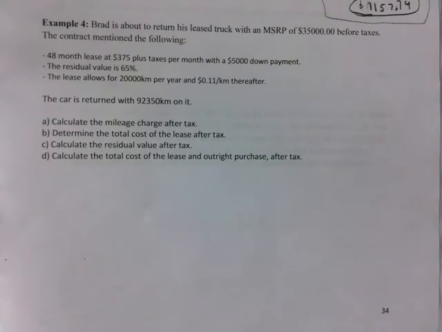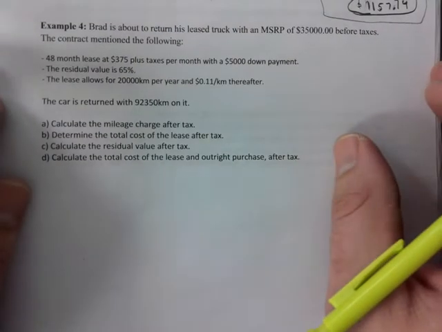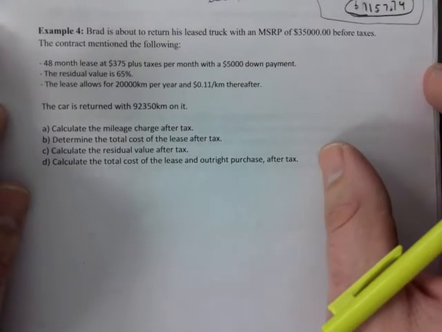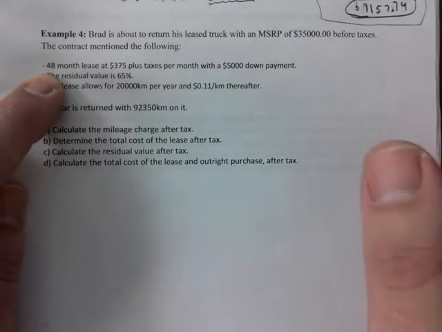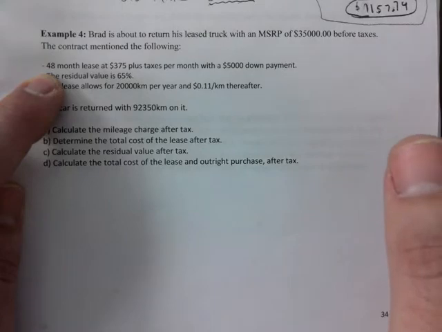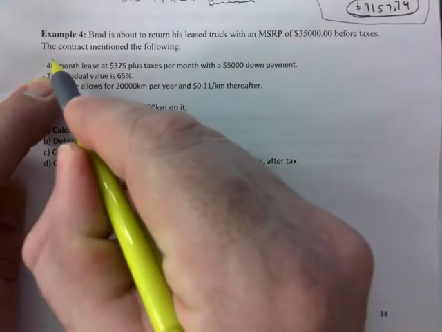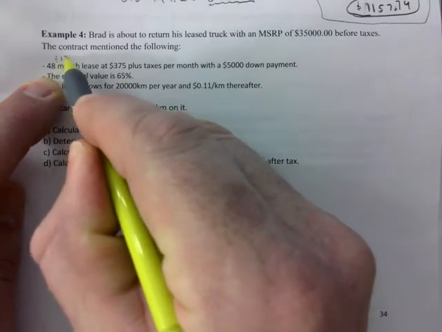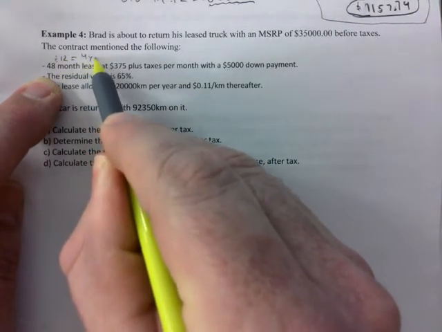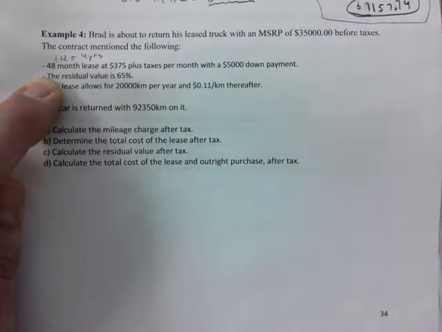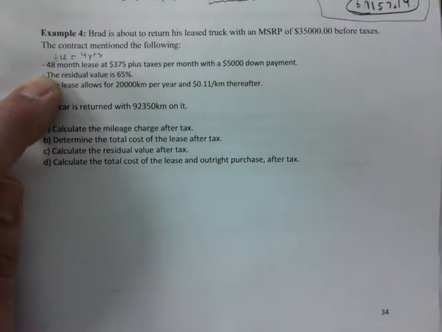So if you just want to look up for a minute, I'm going to clarify a few things. Sometimes the lease agreement tells you how many years went by, sometimes how many months. If you have months, divide that by 12, right? 48 divided by 12, you get 4 years. If I give you the years, you already know what to do: times 12, then you have the months.